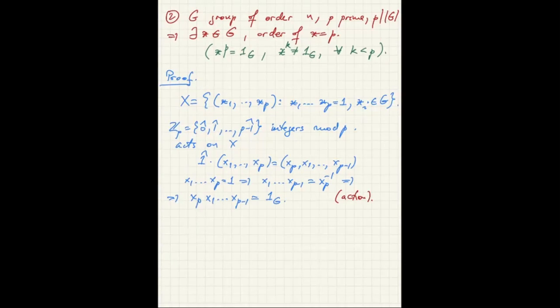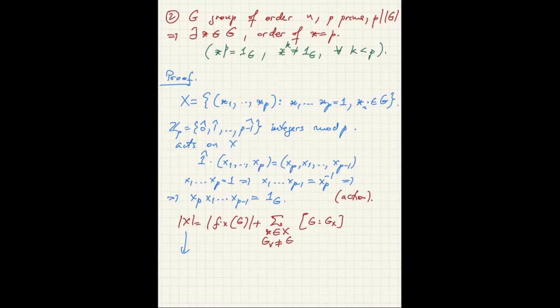And by the previous result, we have that the cardinality of X should equal the fixed points of G plus the summation over all orbits with G of X not equal to G of the index. Now, what can we say about each of them? What is the cardinality of X? Well, in X, we have all these P tuples.